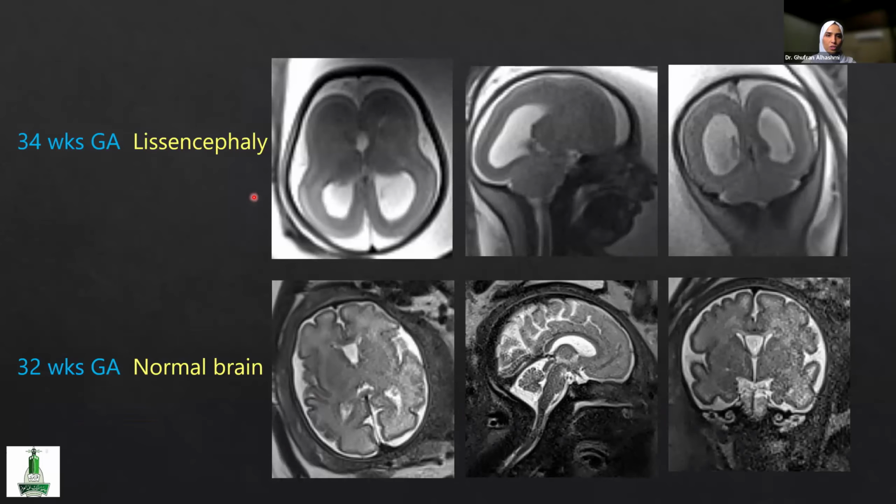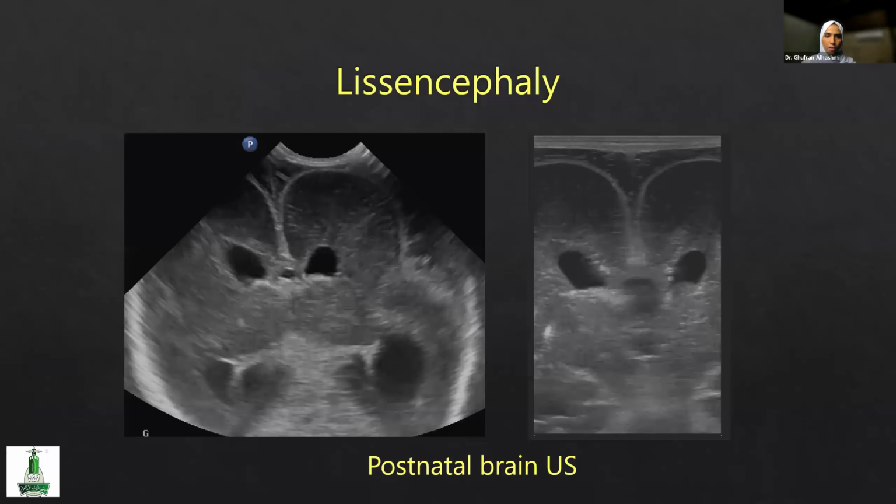Compare this smooth brain of the patient I just showed you to a normal brain of a patient who's 32 weeks gestational age, where the sulci are well developed. This is a postnatal brain ultrasound image of the same baby showing the lissencephaly.